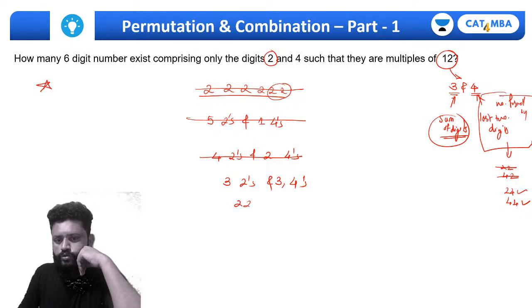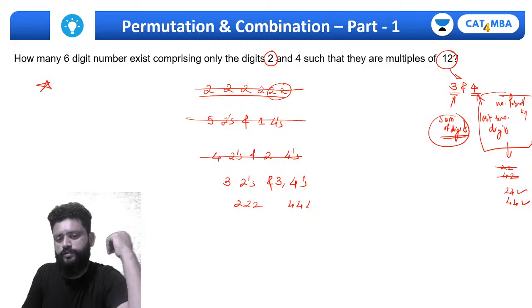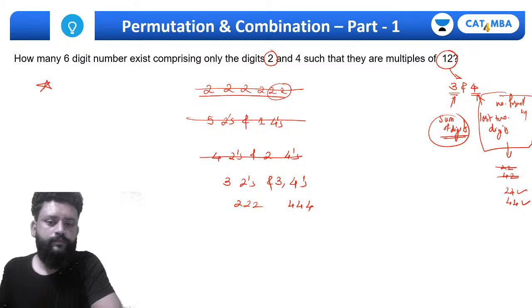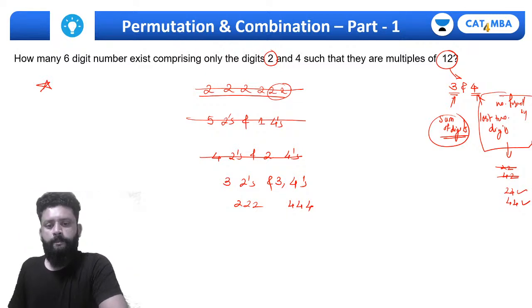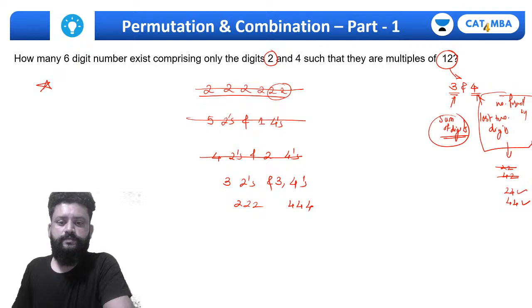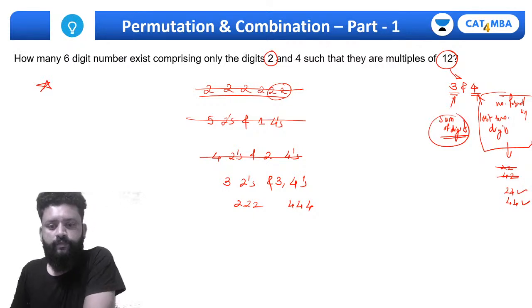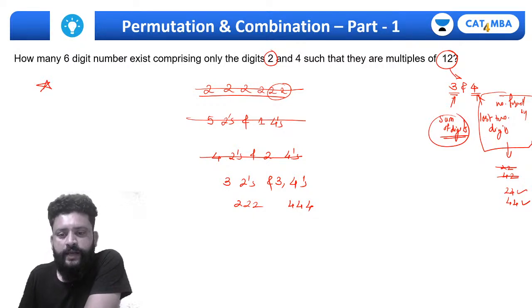Possible. 2 2 2 and 4 4 4. 12 plus 6 is 18. That's possible, right?